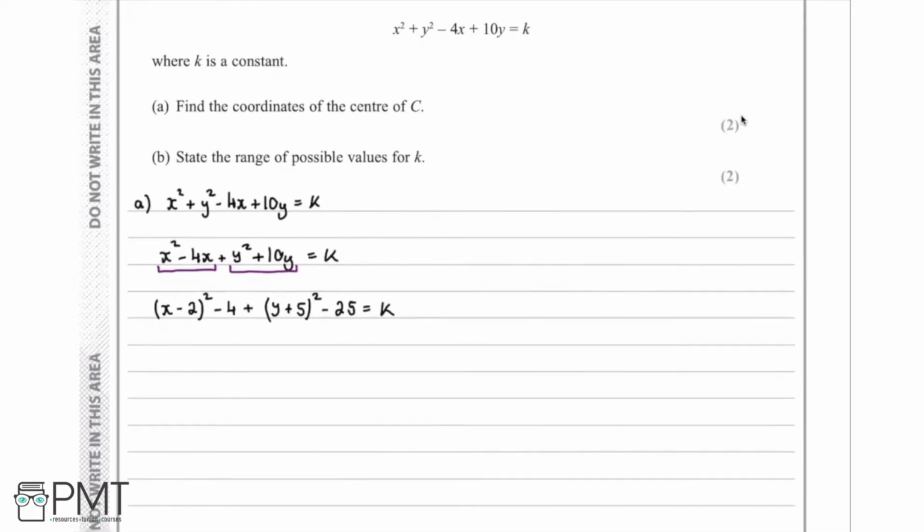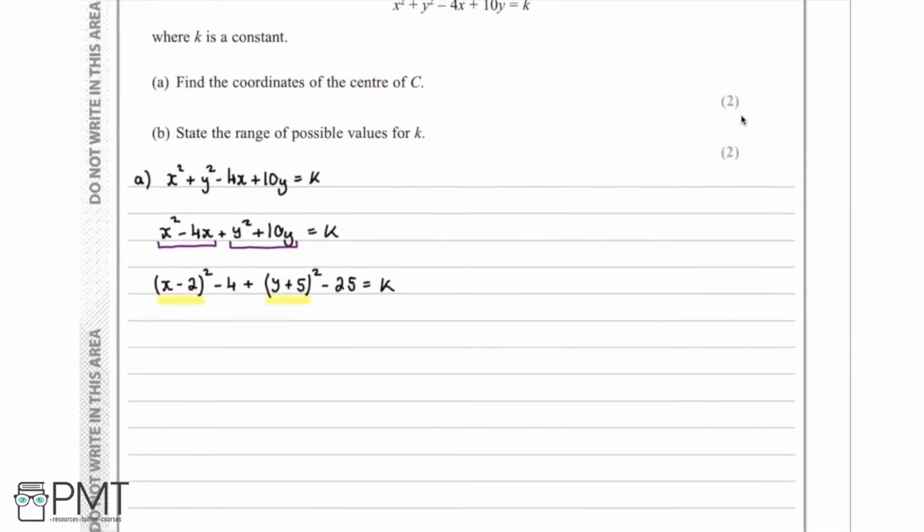So we could now rearrange and get this equation into the kind of form we know, with the radius on the other side. But all we're asked to do here is to find the coordinates of the center C. So we can read the coordinates from the x minus 2 and the y plus 5 terms.